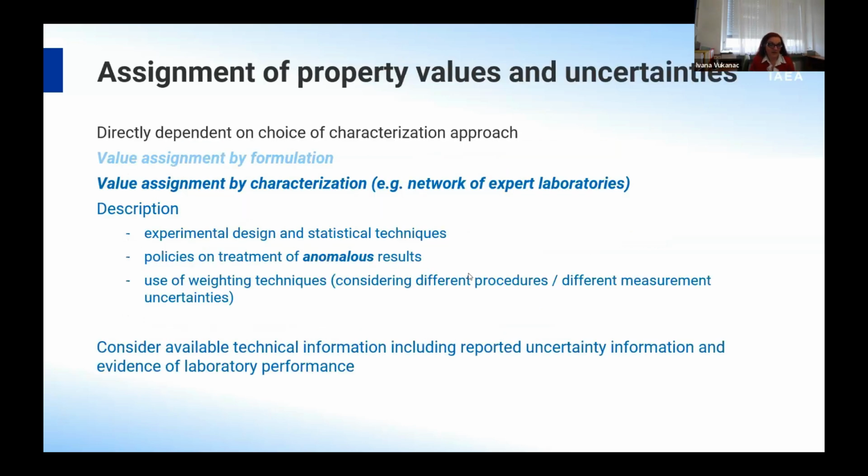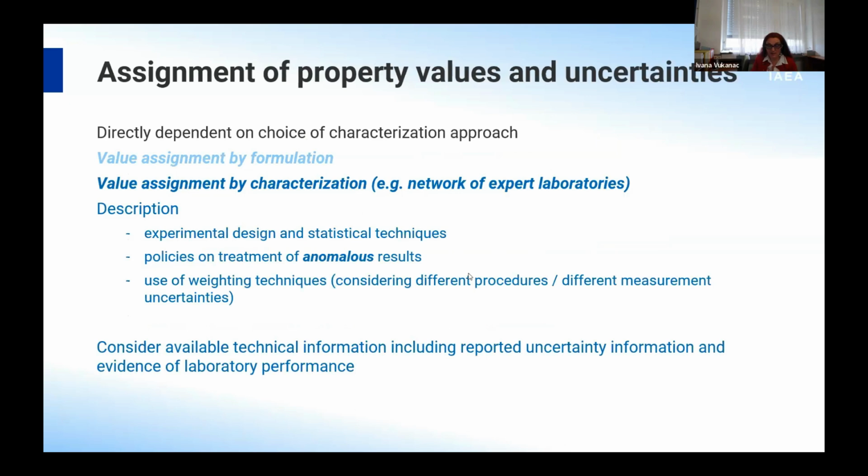The last phase in, let's say, physical production of reference material is assignment of property value and its uncertainty. How do we do it? It's directly connected with the choice of characterization strategy.